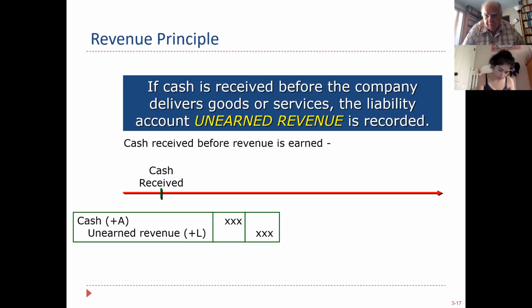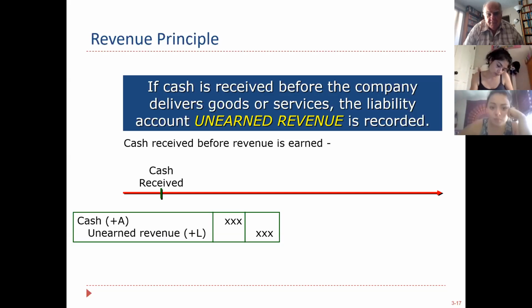I'm going to have one quick comment here. Unearned revenue is the reciprocal of a prepaid expense. The cash received by the insurance company is their unearned revenue. But the payment we made when we credited cash was a debit to prepaid insurance.